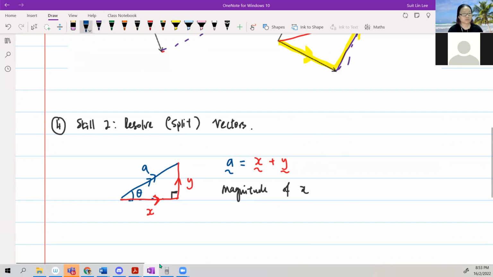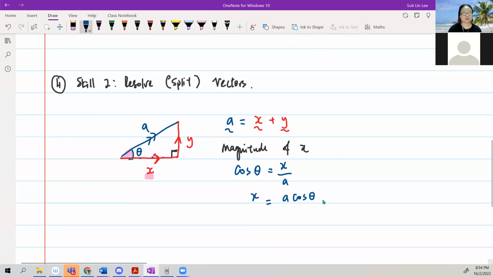So for this one, if I want to find the magnitude of X, X is right beside theta. Theta is here, X is right beside. So I'm going to use cos theta. Cos theta would then be equal to side over hypotenuse A. So vector X is actually equal to A cos theta, the magnitude of X.